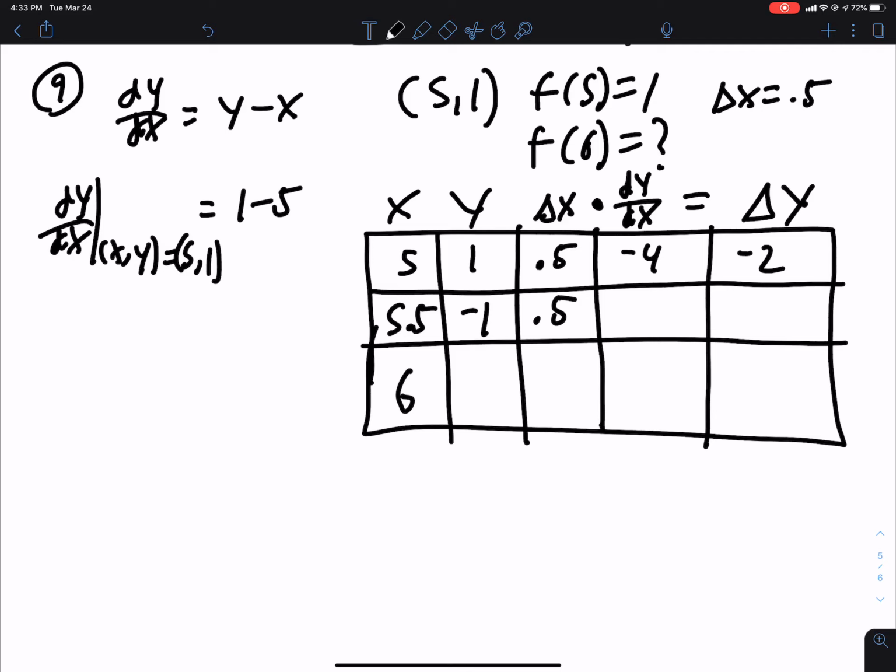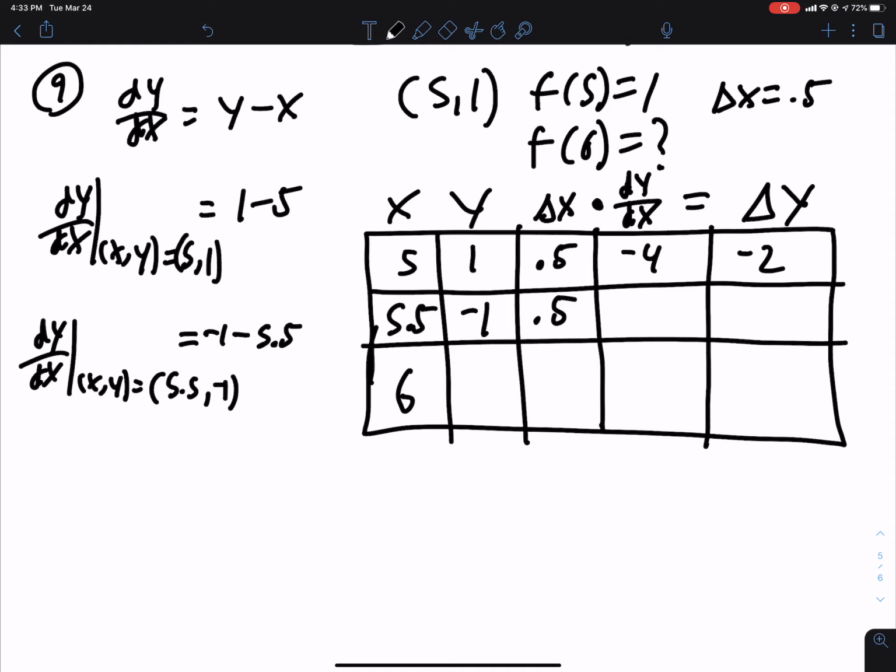All right, we need to find the dy dx at this new point, the slope. That's where x, y equals 5.5 and -1. We plug that in: -1 minus 5.5.